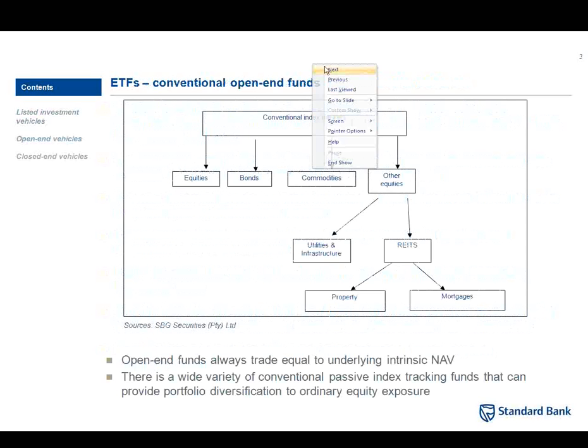So if we start with a map of the more conventional ETFs that one is used to. Here we've got equities, and then bonds, commodities, and then other equities. I've shown them as a separate asset class because although they are technically another subclass of equities, they do have different features, and they're best considered as a separate asset class.